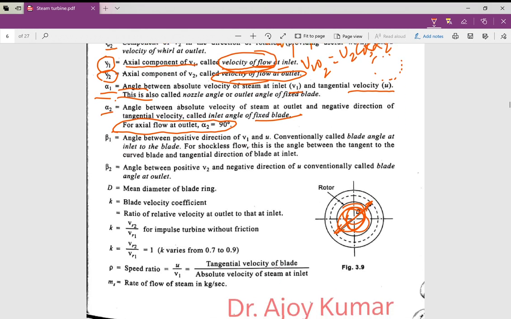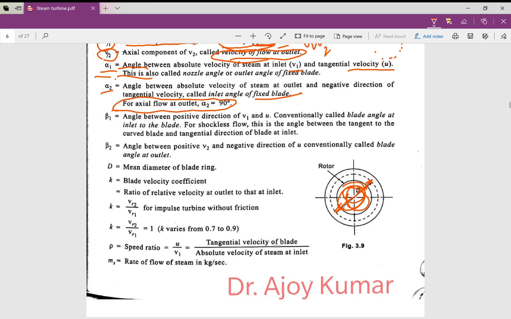Another important parameter is blade angle. This is very important. This is a wheel, and blades are mounted like this, another blade is like this. So this is section 1, this is section 2. For another blade again 1, and here 2.